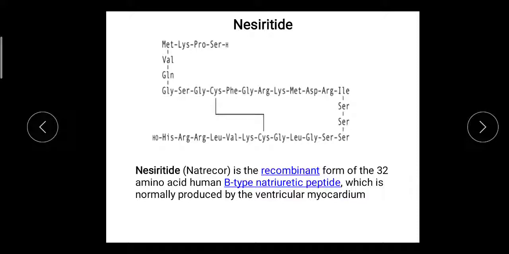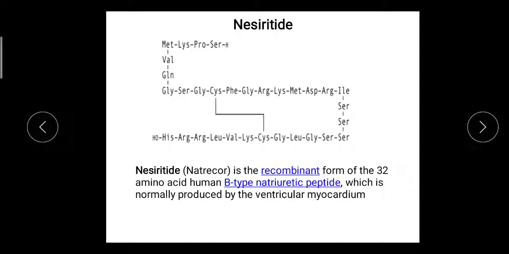This human B type natriuretic peptide, in short, is called BNP. BNP formally is known as brain natriuretic peptide, because it was first discovered in the brain of pigs. Nesiritide is now synthesized by using recombinant DNA technology.